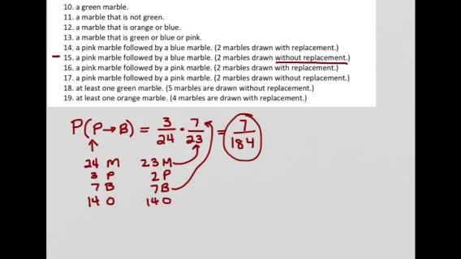And you can also get this answer by just typing into your calculator 3 divided by 24 times 7 divided by 23. And if you hit math and then enter and enter again, then it will give you the fraction in lowest terms, which is the easiest way to give your answer.